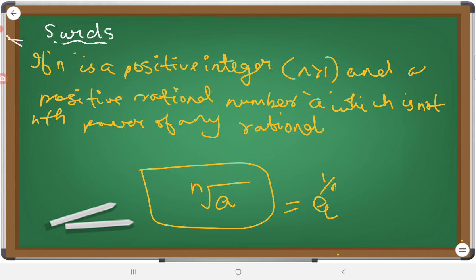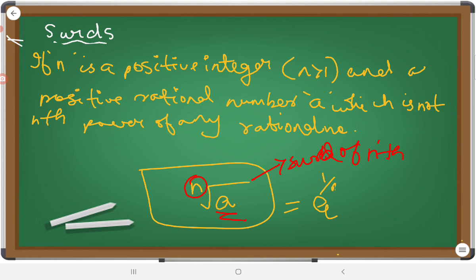Here the nth root of a is called a surd of order n. This n is the order.